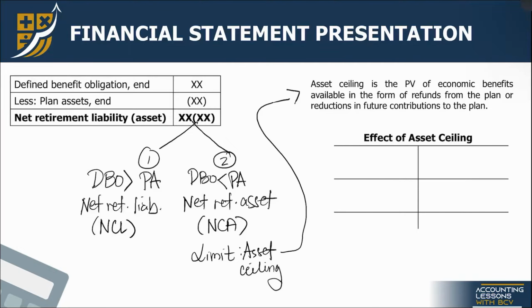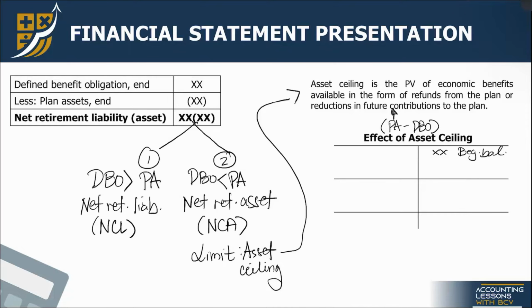So ano ba ang components ng effect of asset ceiling? So the first component is beginning balance. Okay? Tatandaan nyo, ang effect of asset ceiling, that is always equal to the difference of plan assets and DBO. Mag-e-exist lang to kapag mas mataas si plan assets kaysa kay DBO. Pero pag mas mataas si DBO, hindi mag-e-exist ang effect of asset ceiling. Okay? Yan.